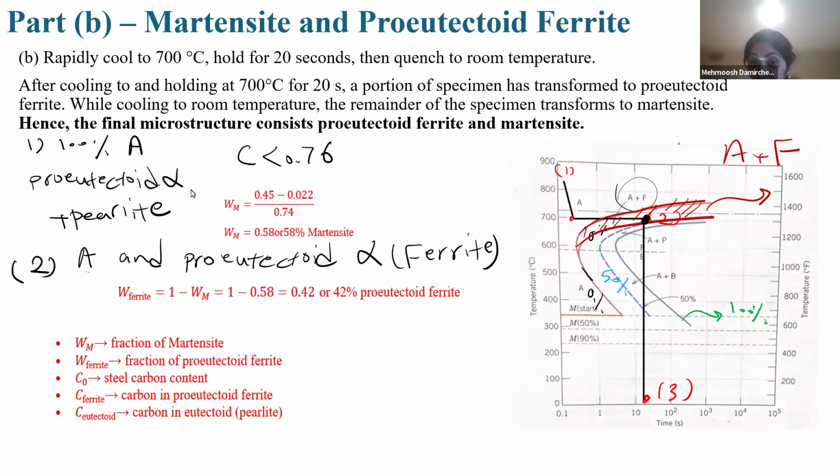If we hold that temperature up to, for example, this time, approximately between 100 and 1000, it is logarithmic, the time. Up to this, we can say, okay, austenite had enough time for converting to pearlite. So here at 2, we have austenite and proeutectoid ferrite.